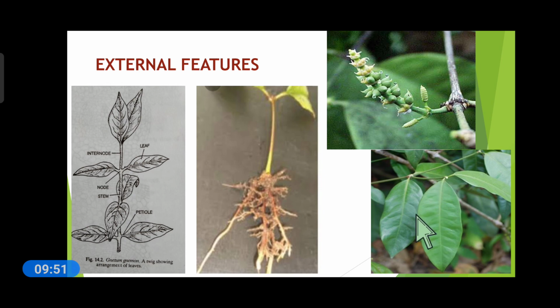And the margins of the leaf, you can see here, are without serrations. So they are not toothed. That means the margins are entire in this case.